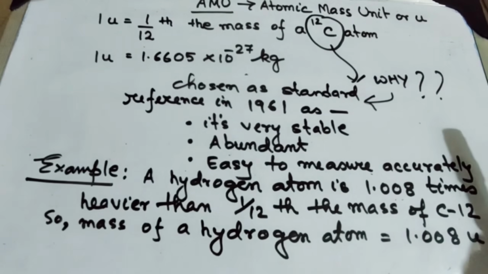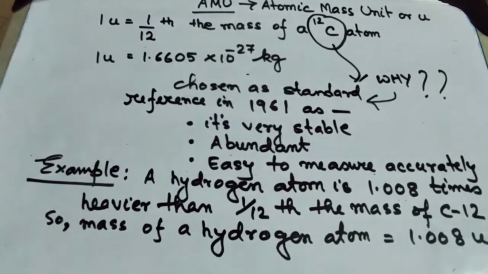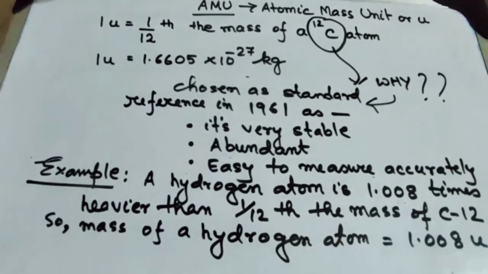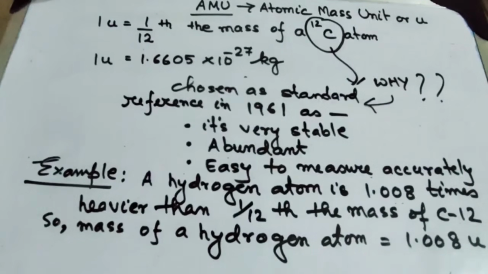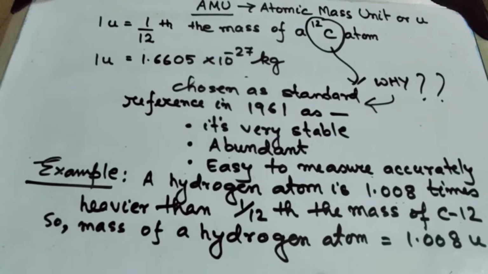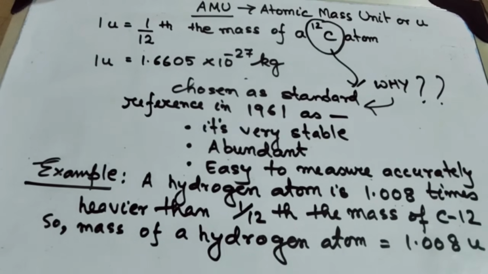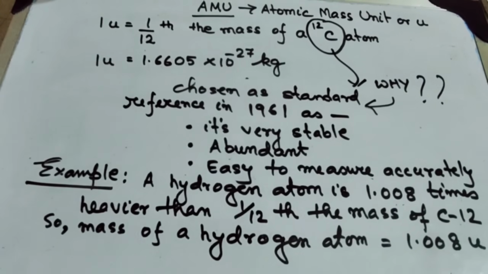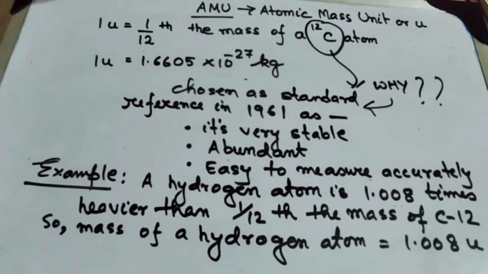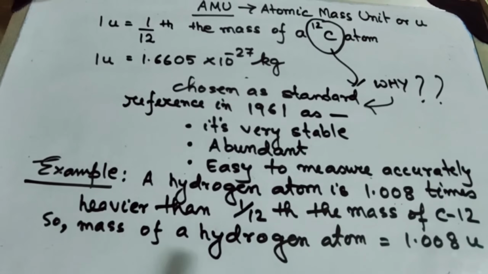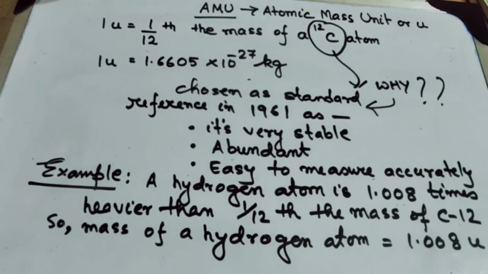Now the question arises, why only C12 isotope? Why the mass of an atom of C12, the isotope of carbon? Because this isotope is considered to be very stable, can be obtained in abundance and easy to measure accurately.